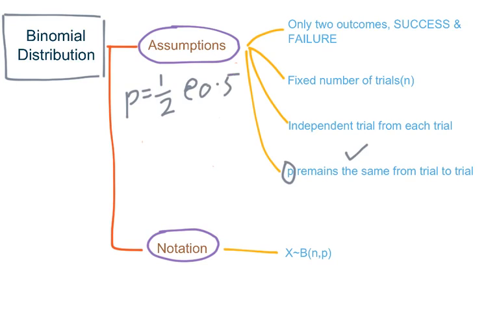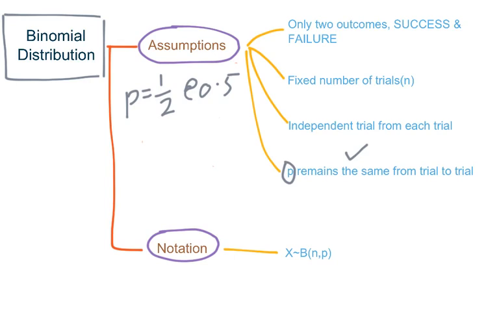Okay, so let's say we toss the coin 3 times. If we toss the first coin, the probability of getting the head is 0.5, 1/2. If we toss the coin for the second time, the probability of getting head is also 0.5, 1/2. When we toss the coin for the third time, the probability of getting the head is also 0.5, which is 1/2.